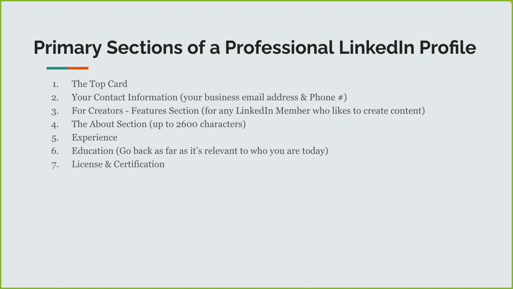Licenses, certifications. This is showing that you're growing. Volunteering. This shows that you care about your community. Skills. You have 50 skill words or skill phrases. Recommendations. That's called social proof. That's a powerful way to present your brand, to show where others say you are really good at what you do. Publications.